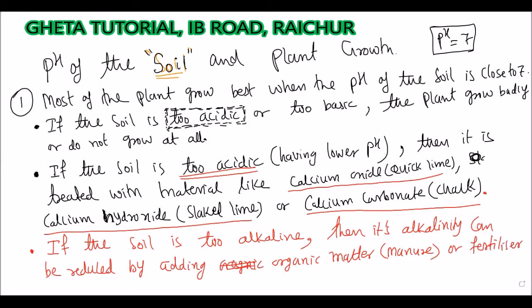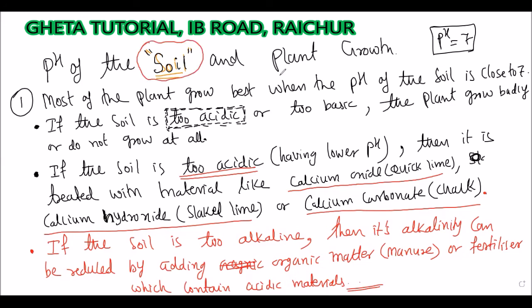Fertilizers which contain what? Acidic materials. If the soil is too alkaline, then its alkalinity can be reduced by adding organic matter or fertilizer which contain acidic materials.